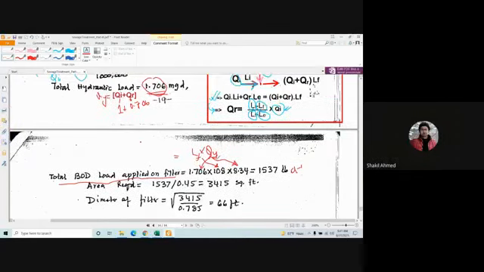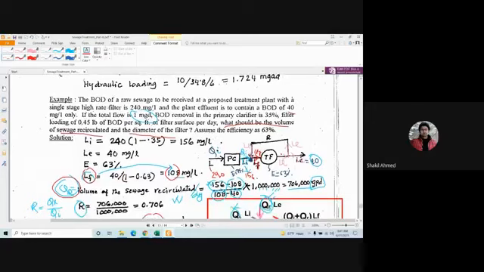Yes, sir. Okay. Now they're telling filter loading has to be 0.45 pound of BOD per square feet. That means they are telling you that load per unit area has to be 0.45.